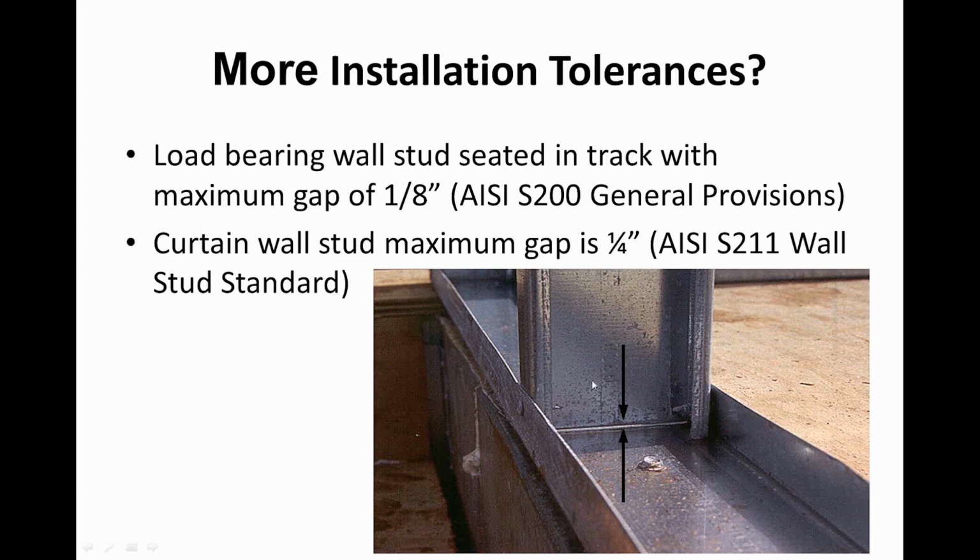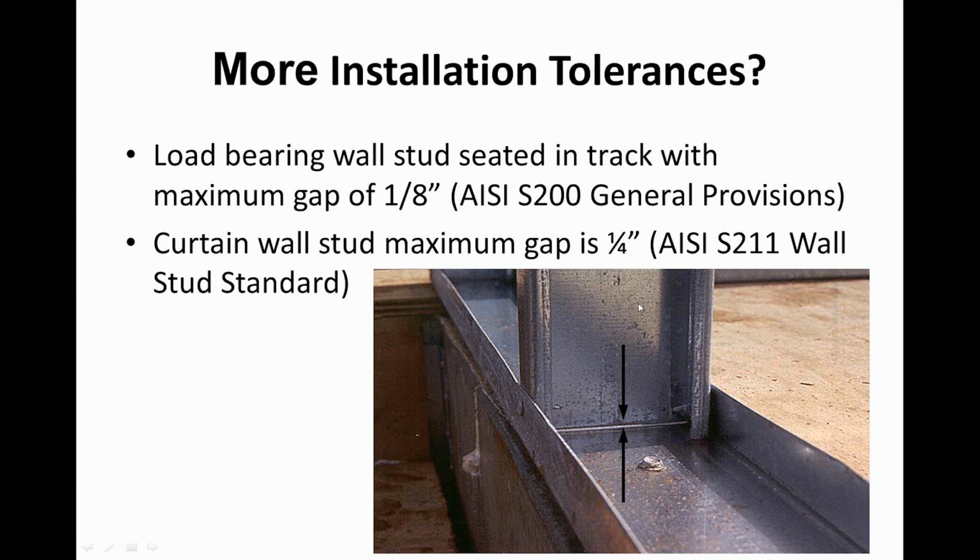But again, recall what we said earlier. I need to generate a load path. That means I've got an axial load, a downward load if it's gravity load, snow load, live load, or an uplift load if I've got a wind uplift situation. But in either case, I've got to transfer the load from this member ultimately down to the track to get to that connection to accomplish, again, transferring my load to the foundation to achieve my load path.